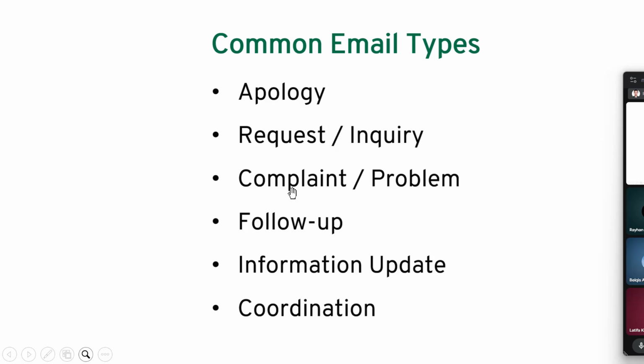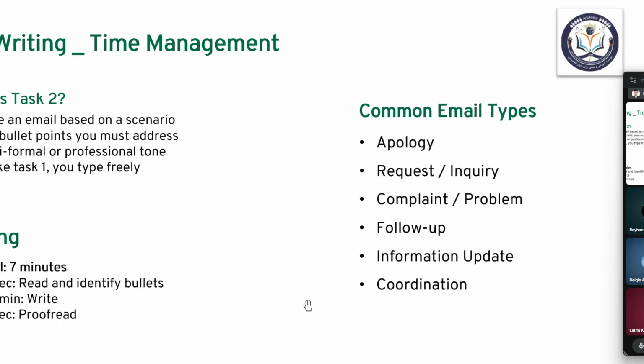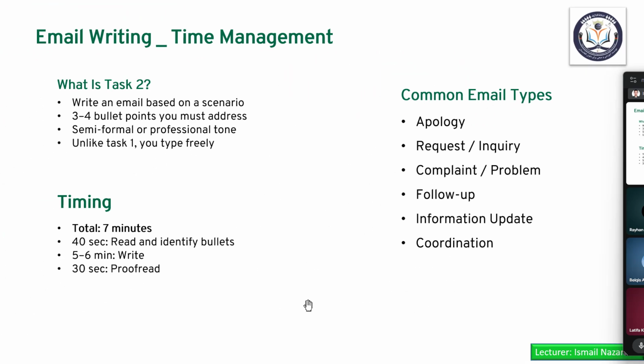As we had in the sample email, it was a problem email because the maintenance had a certain issue and the person wanted it fixed. Next are follow-up emails, information update emails, and there could be coordination emails. So these are the common types of emails we may commonly face.